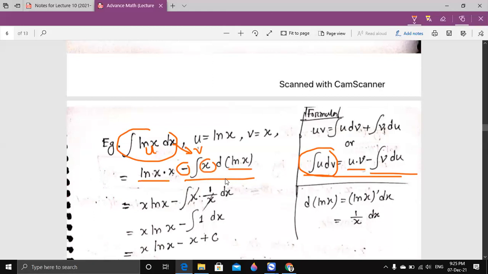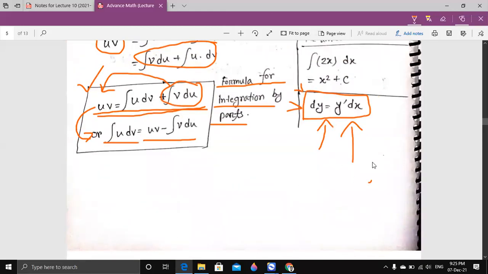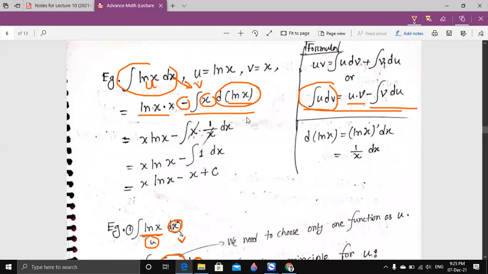We know that d ln x will be ln x derivative dx, from the formula dy is equal to y derivative dx. The ln x derivative is 1 by x. Guys, do you remember? So 1 by x dx.